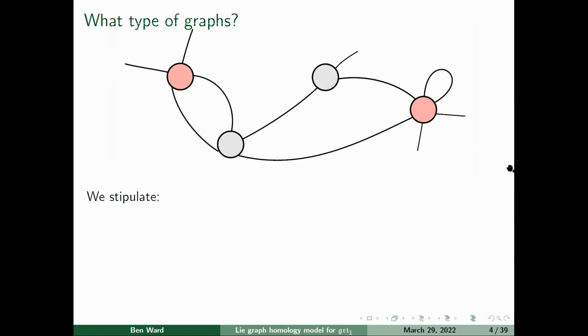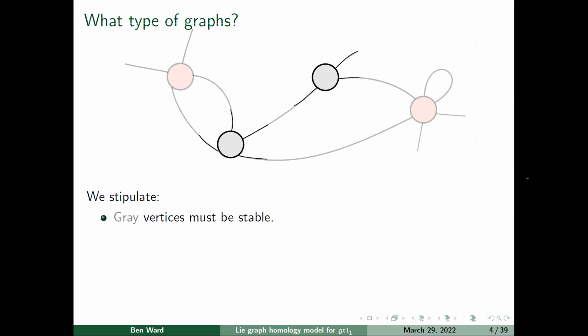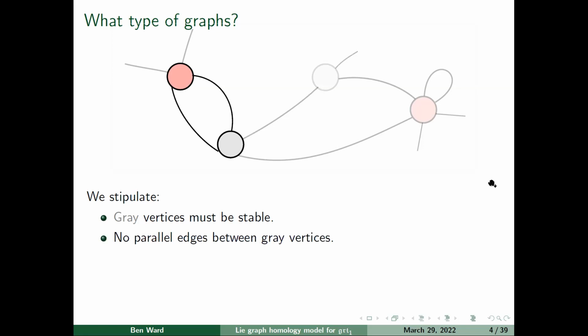So this graph is allowed because it doesn't violate any of the following conditions, or it adheres to all the following conditions. So the gray vertices have to be stable. That means there's at least 3 incident edges or legs. The red vertices don't need to be stable. There's no parallel edges that run between gray vertices.